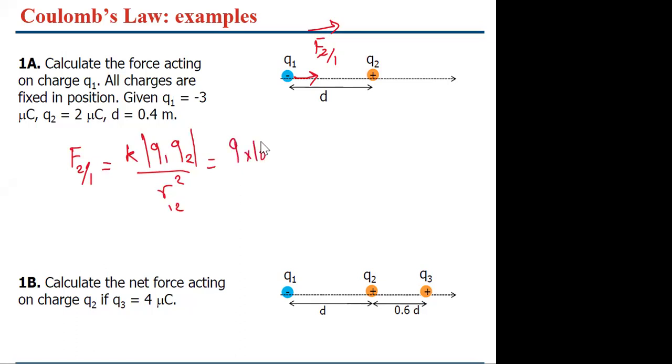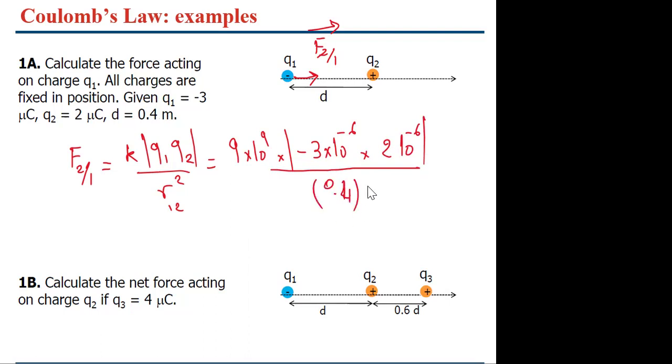So it will be 9 times 10 power 9 multiplied by the absolute value of Q1, negative 3 microcoulomb, 10 to the power negative 6, multiplied by 2 microcoulombs, 10 to the power negative 6, divided by the distance d between these two charges, which is 0.4 meter squared.